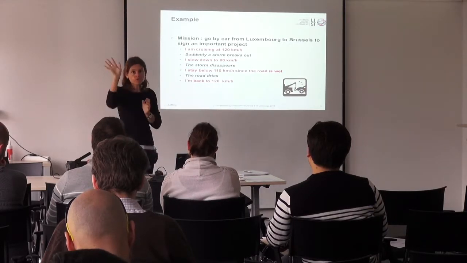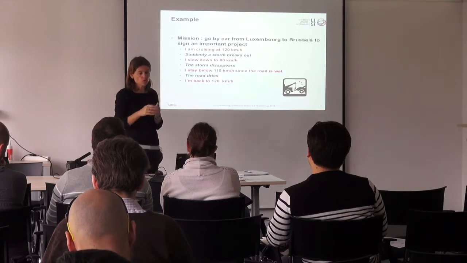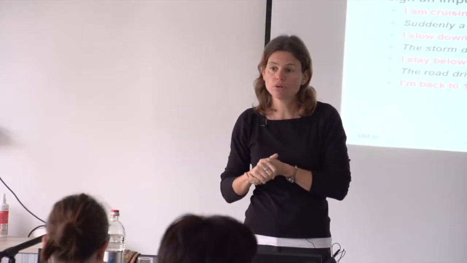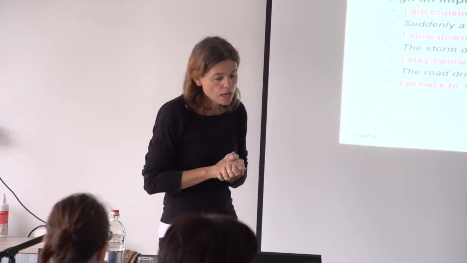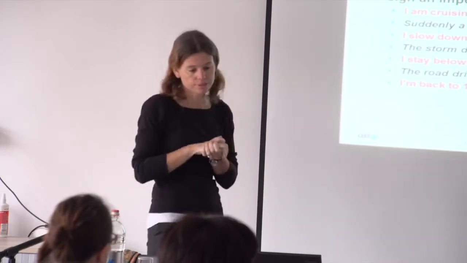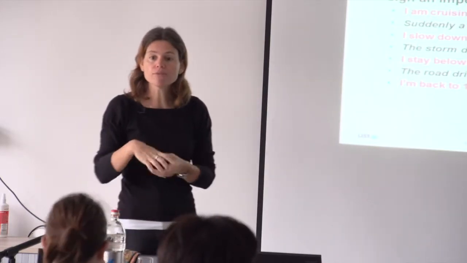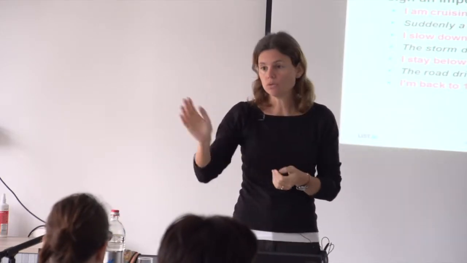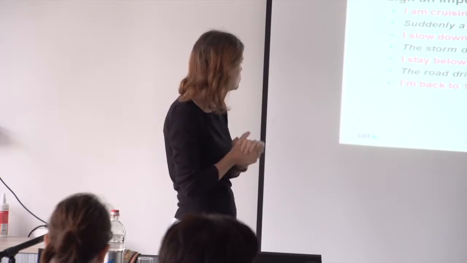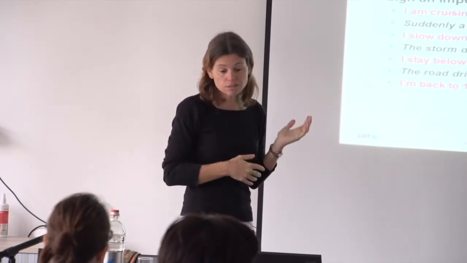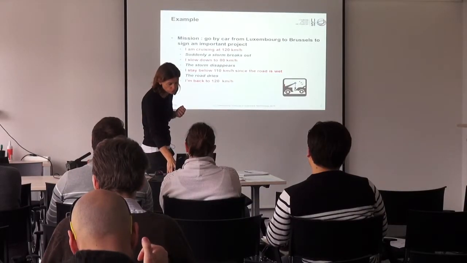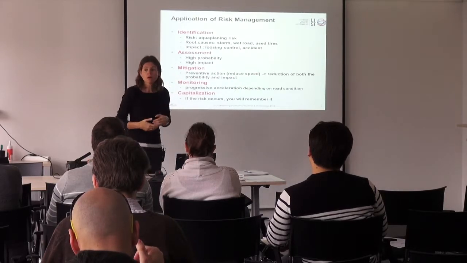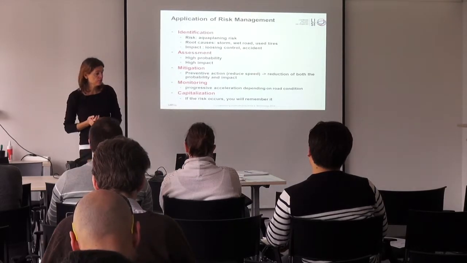So the sun comes out, and so you start driving faster. You go to 110 kilometers, and then after some time, the road is really dry, and then you go back to 120 kilometers. This is risk management. You've done all the steps of risk management activities.